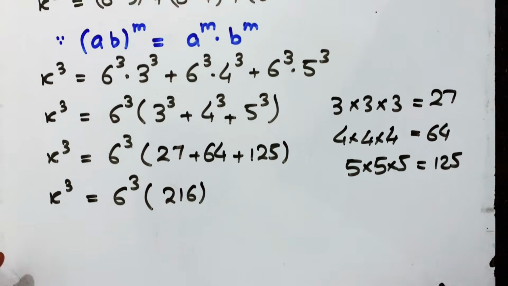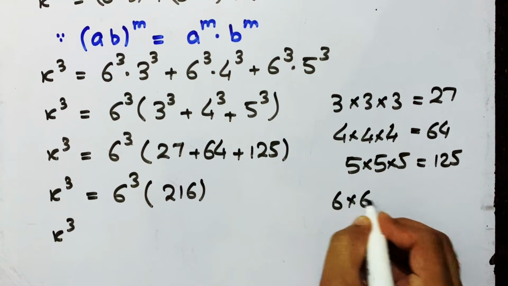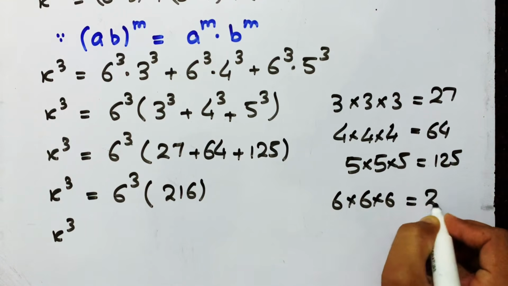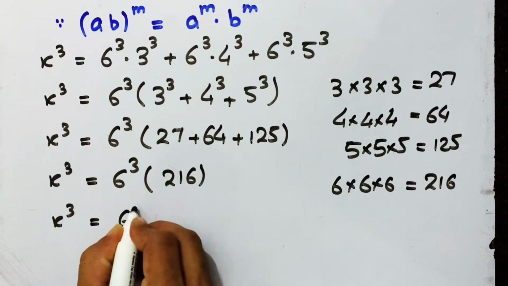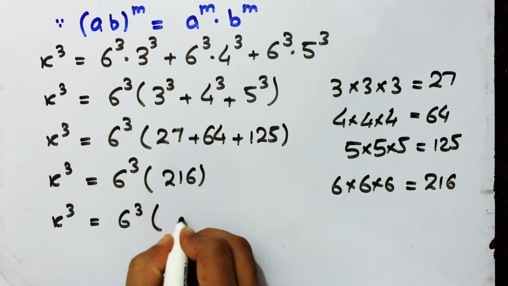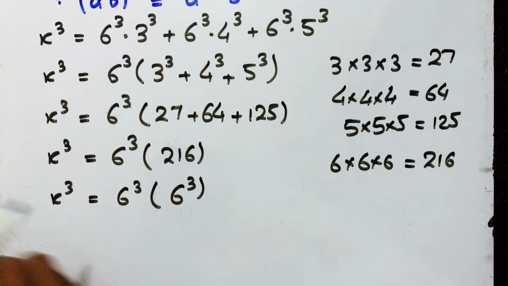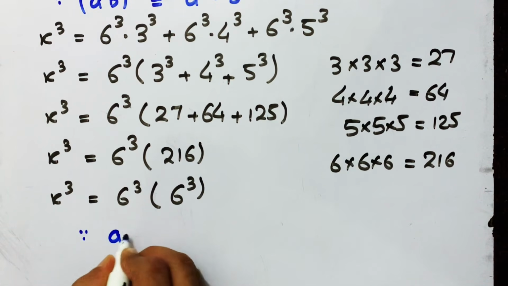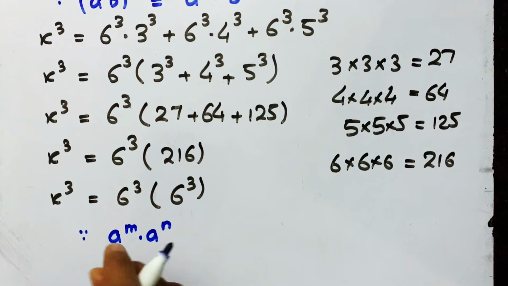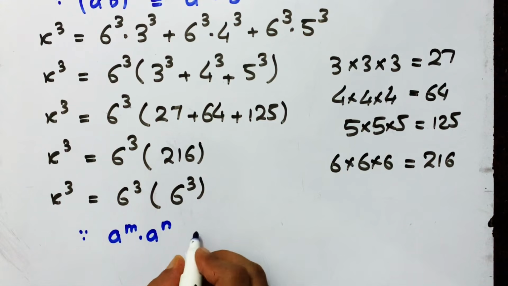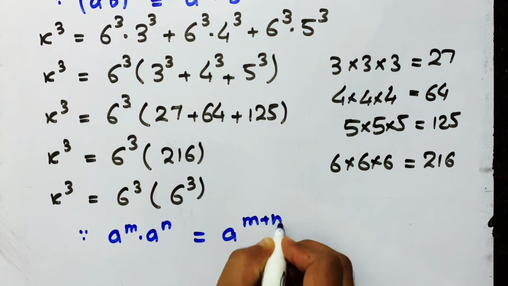If I multiply 6 times 6 times 6, that equals 216. So I write 6 cubed here, and this term is also 6 cubed. If the bases are the same and the powers are different, the powers are added.